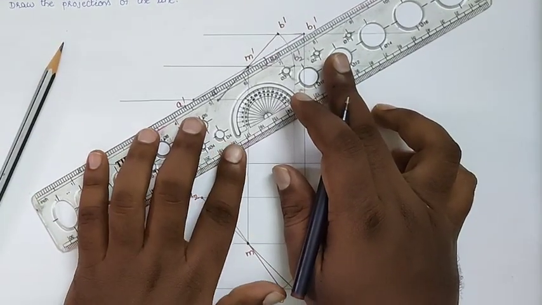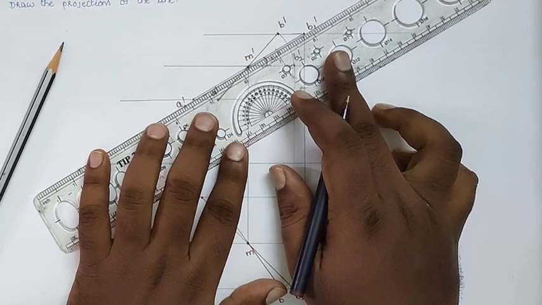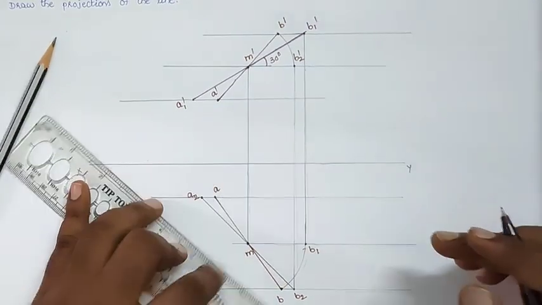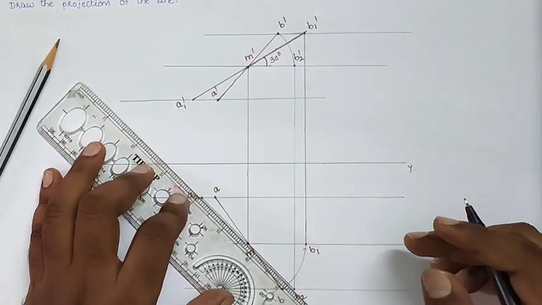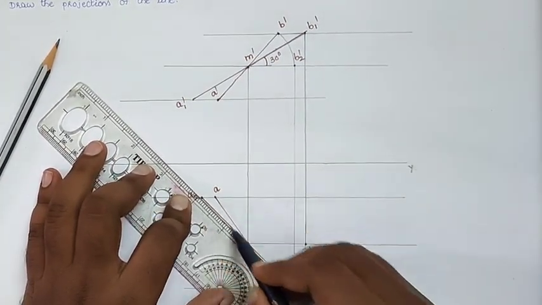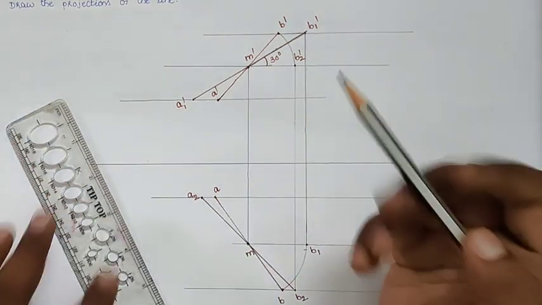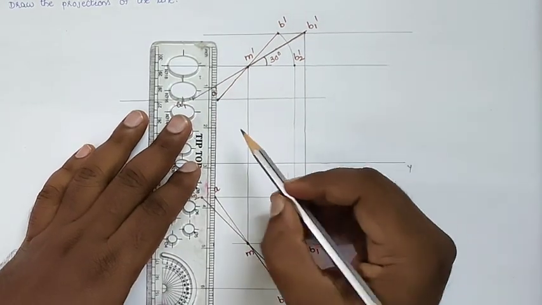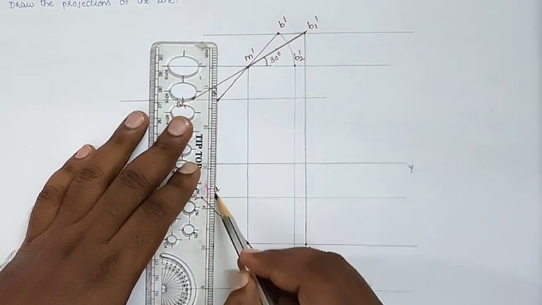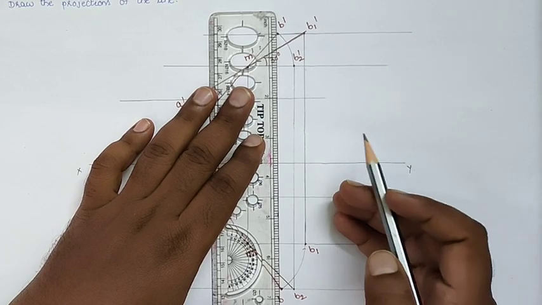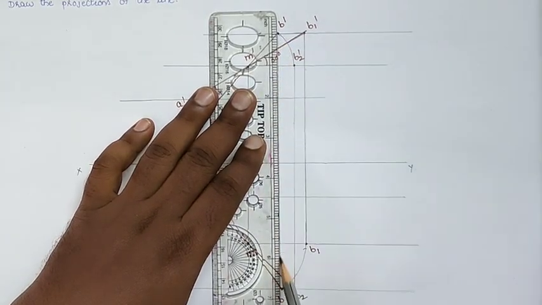The true length of the line should also be taken as a thick line. Like that we draw the diagram. After drawing this, join A dash and A, which is one projector, and B dash and B, which is also one projector.